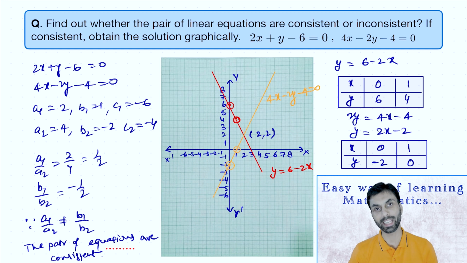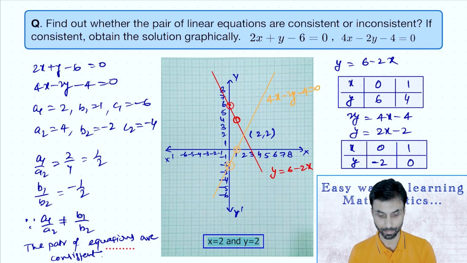Therefore, we can say that (2, 2) is the solution of this pair of equations. That means x equal to 2 and y equal to 2 will satisfy both these equations, and it will be the solution of this pair of equations.